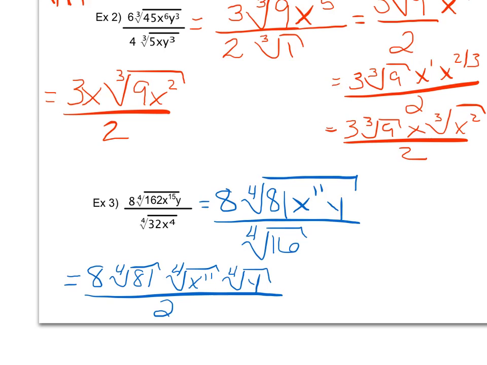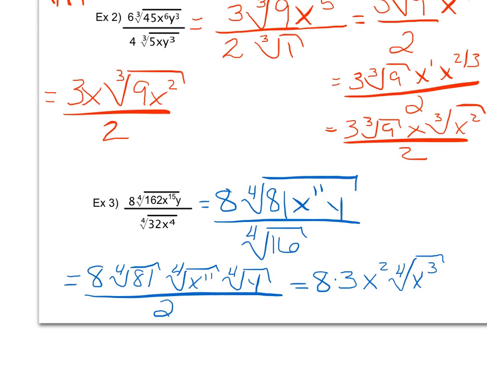Cleaning this up a little bit, I also know that because 3 times 3 times 3 times 3 is 81, the 4th root of 81 is 3, giving me 8 times 3. X to the 11th, how many groups of 4 can I make? Well, if I have 11, I can make 2 groups of 4, and I still have 3 x's left over.